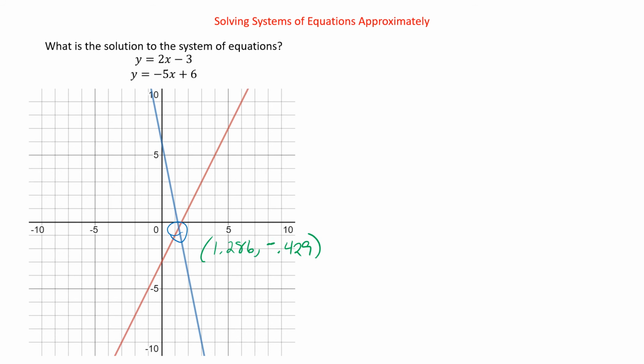Now if we plug these numbers in, let's see, the red one is the top one. So if we plug these numbers in, we have negative 4.429 equals 2 times 1.286 minus 3. So negative 0.429 equals 2 times 1.286.